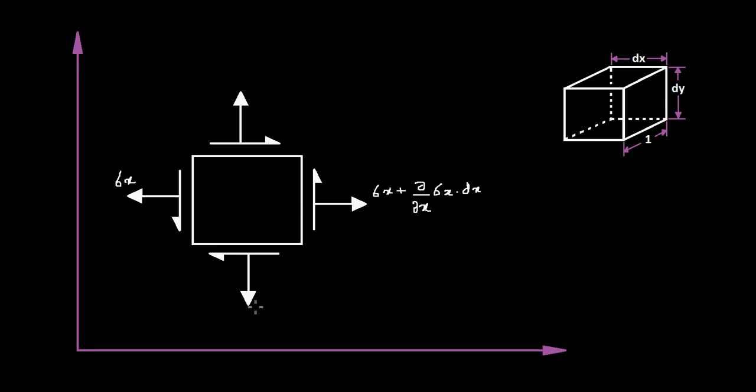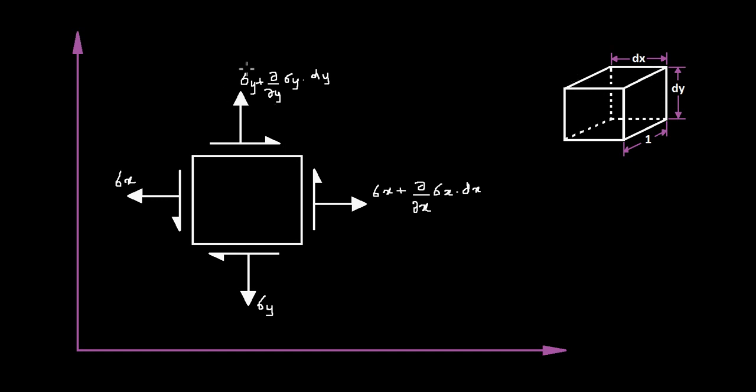Similarly, you have a sigma y here, and similar to this you have a sigma y plus a rate of change of sigma y times length, that is dy, acting on this plane, which is dx times 1.